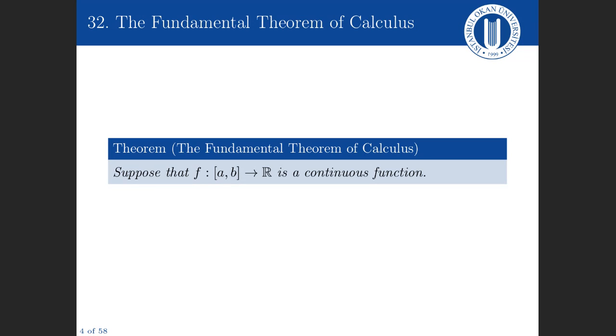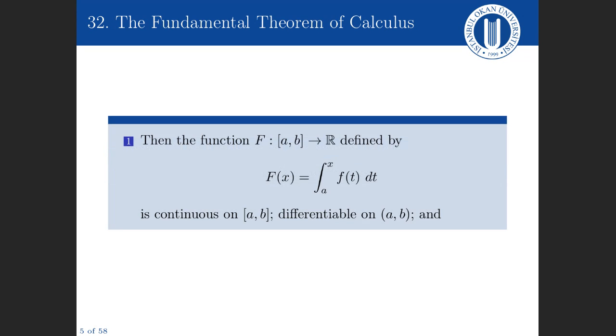Suppose that we have a continuous function defined on a closed interval. The theorem has two parts. The first part of the theorem says that the function defined in this way, capital F of x is the integral from a to x of f of t dt, is continuous and differentiable.